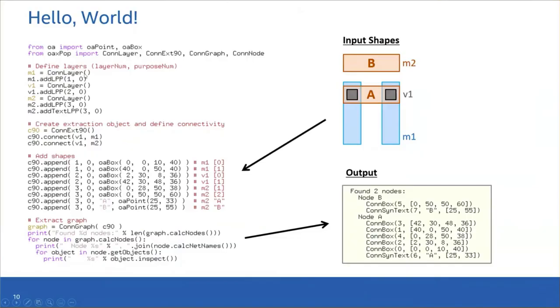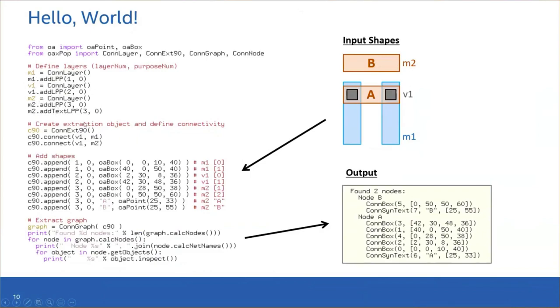So you have to define the container, and then usually you just have one, but often you can have more than one. And so we add a layer purpose pair for shapes, associating it with this con layer, this connectivity layer. We do the same thing for VO1, the same thing for Metal 2.